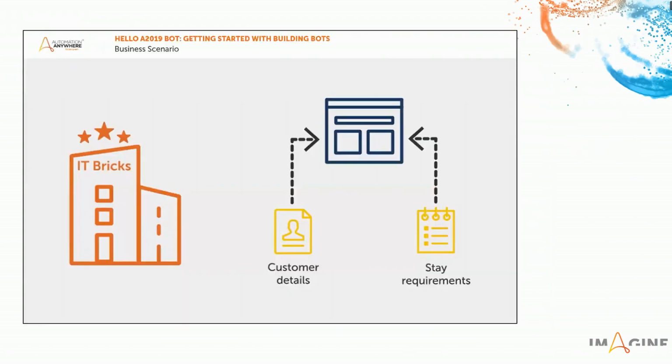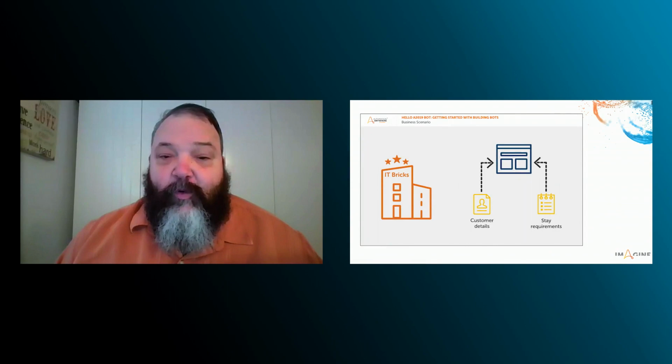The scenario that we're going to go through today is called our IT Bricks scenario. IT Bricks is a holiday package company. It sells holiday packages for luxury resorts. And as part of this, we have a web portal where customers can log in and provide their details and stay requirements.